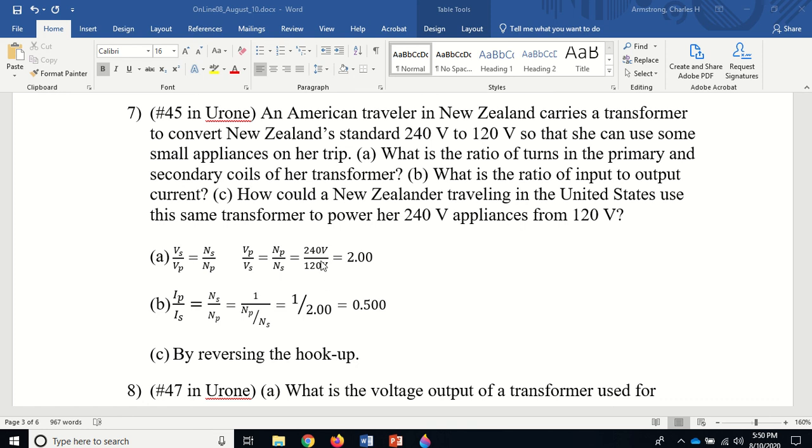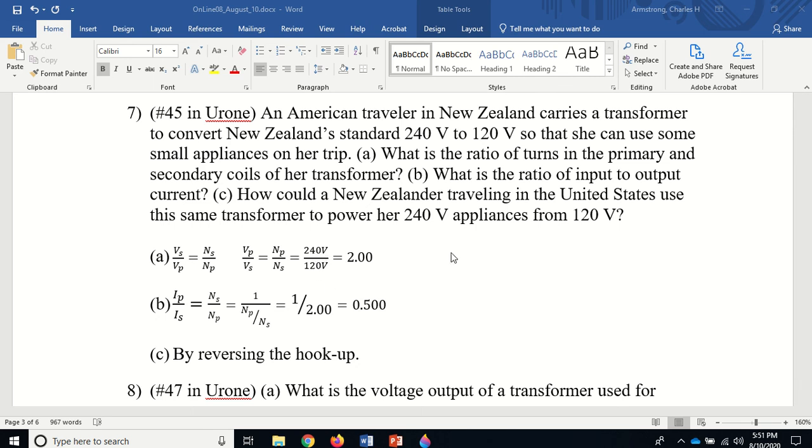So you just take the ratio. The primary has twice as many turns. It could be 2 to 1, 4 to 2, or 10 to 5, but it just has to have twice as many.